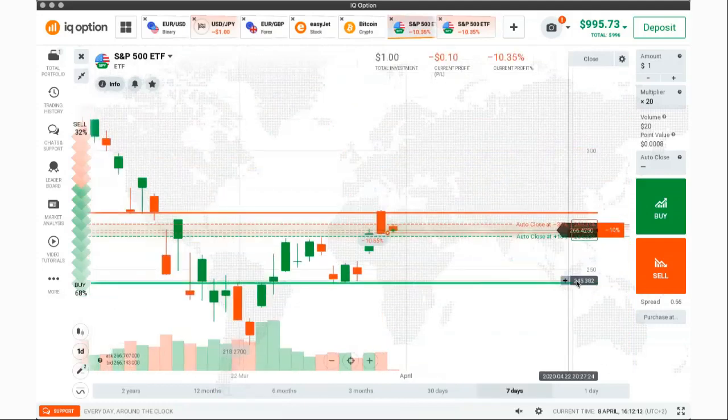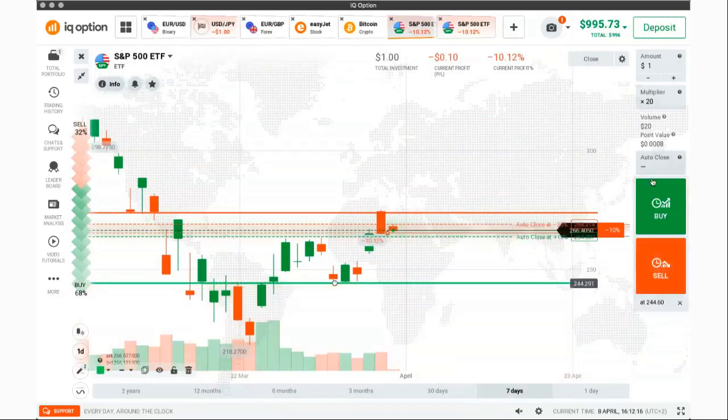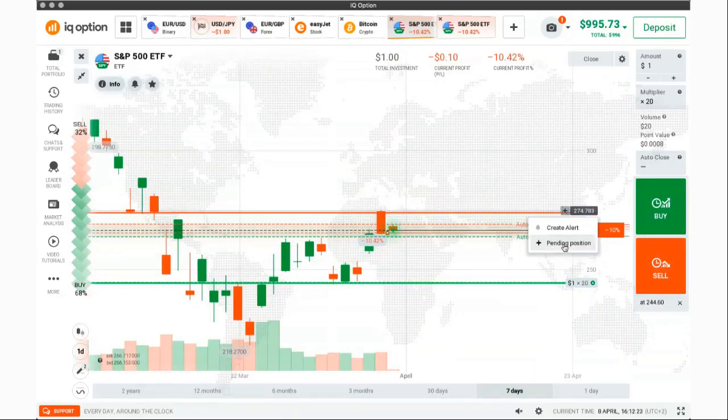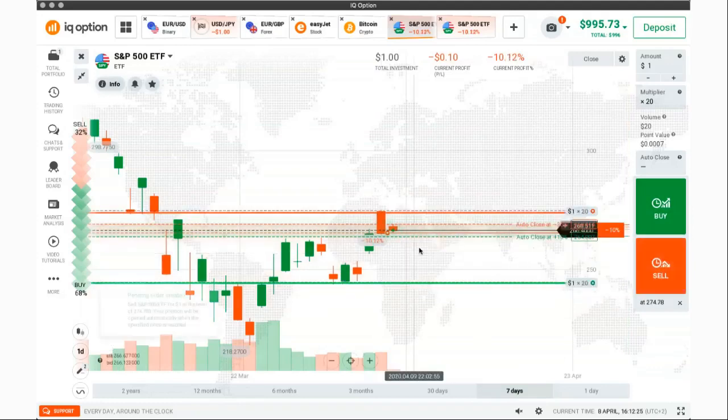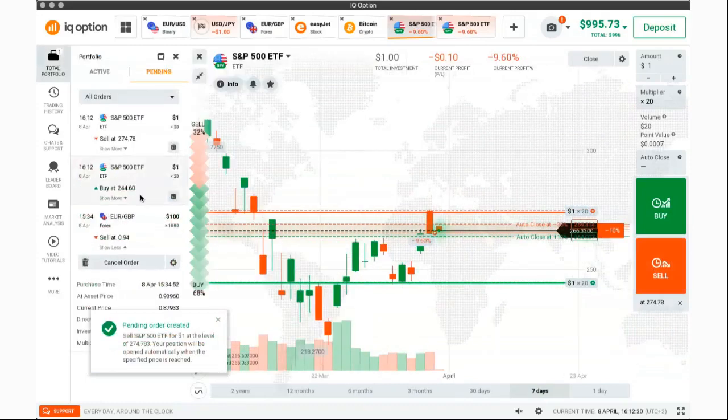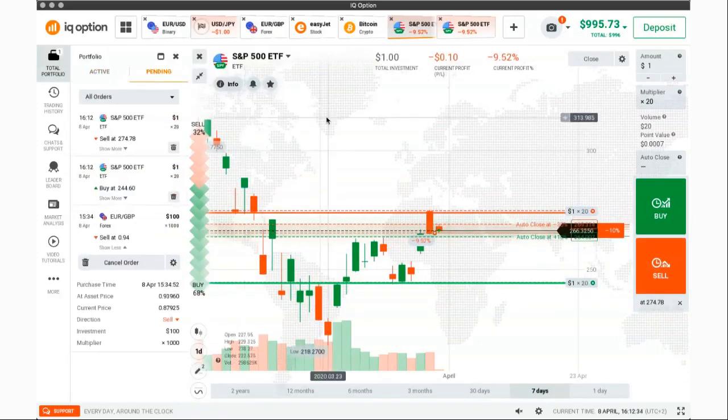I might want to put a pending order there because I think that's a good place to buy. And that will open when it wants to open. And I might want to put another pending order here because I believe that's where it will start going down again because I think it's going to be ranging. You know, it's my decision how it works, and I can see all of those trades all here. Okay, that's where they are in the pendings.